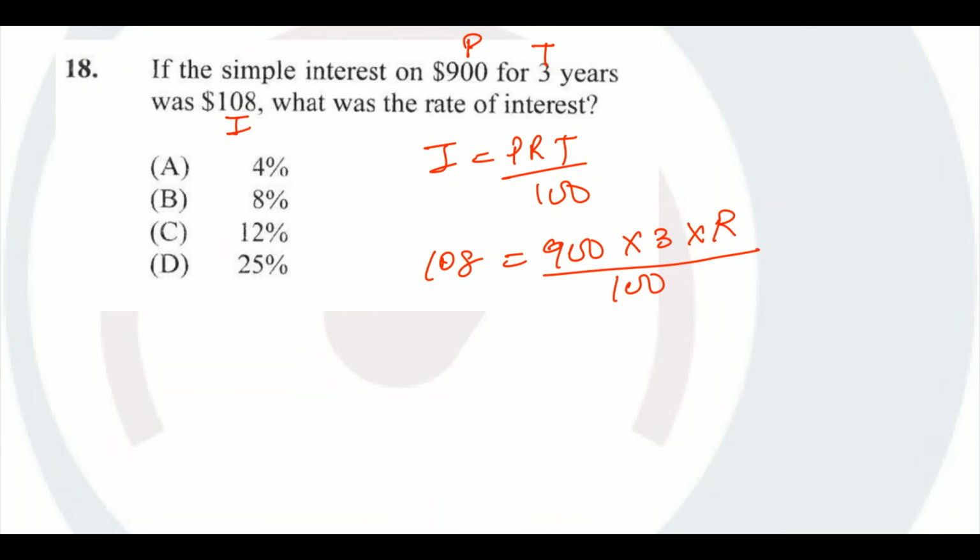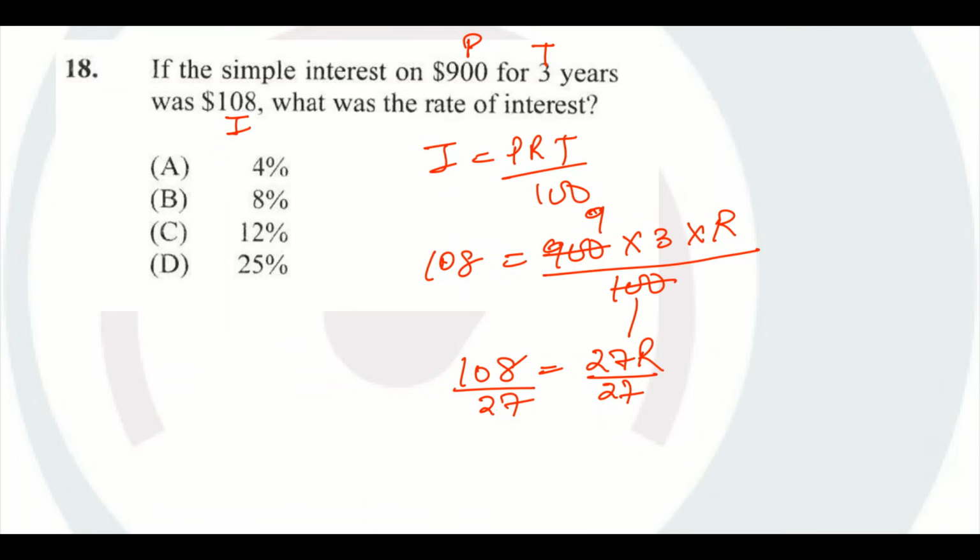So we know that 100 into itself goes 1, 100 into 900 goes 9, and 3 nines are 27. So we have 27R is equal to 108. So we divide both sides by 27. This is how I operate now when I don't want to do too much long division.